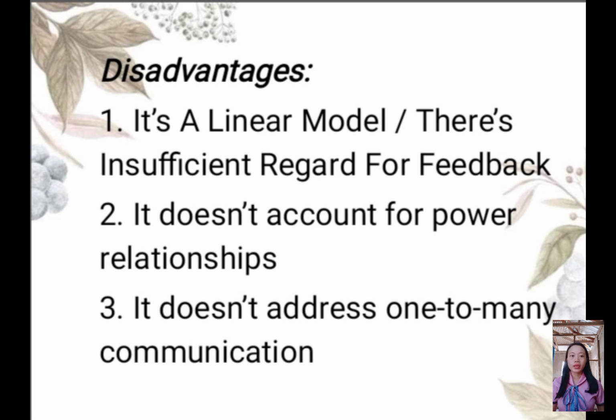Number two, it doesn't account for power relationships. The model doesn't take a social scientific look at how information is interpreted differently based on power relationships or identities of those people communicating with one another.